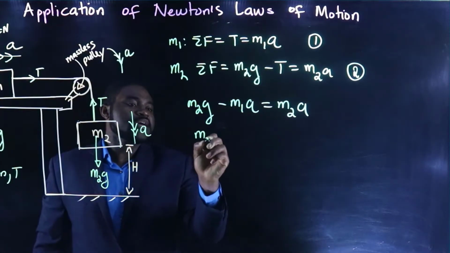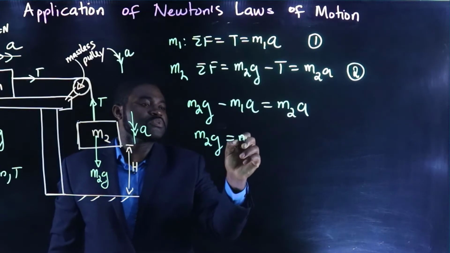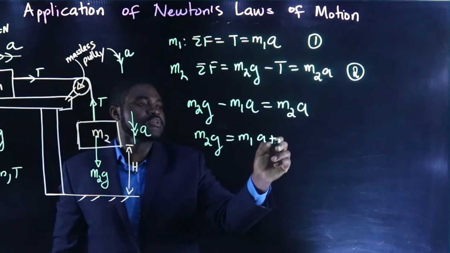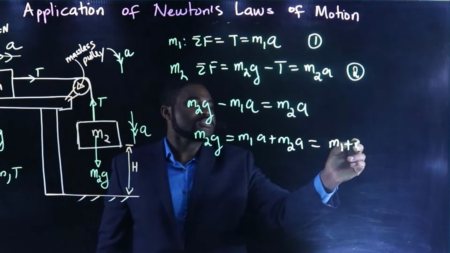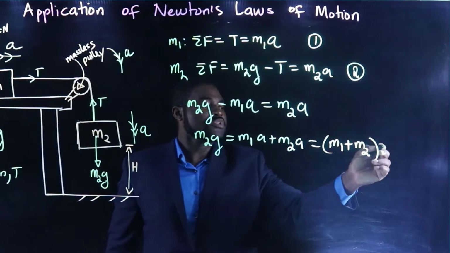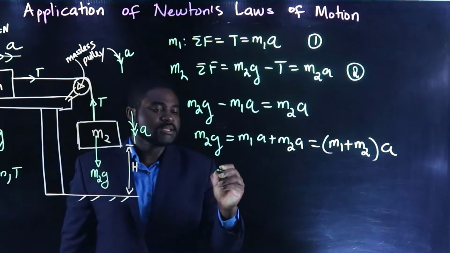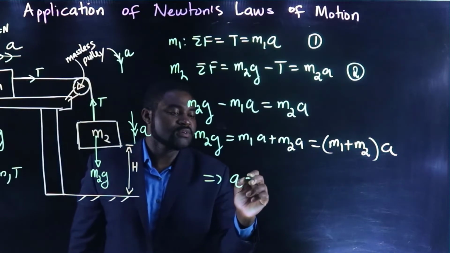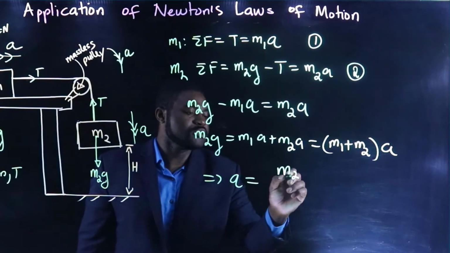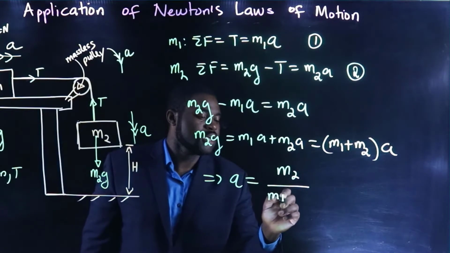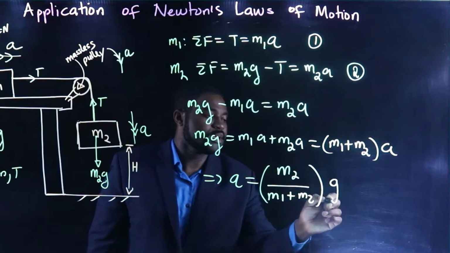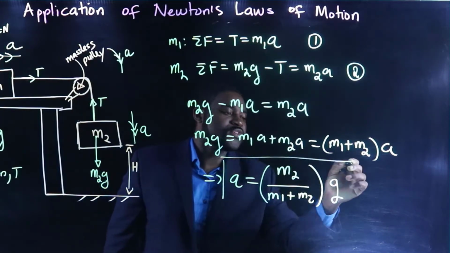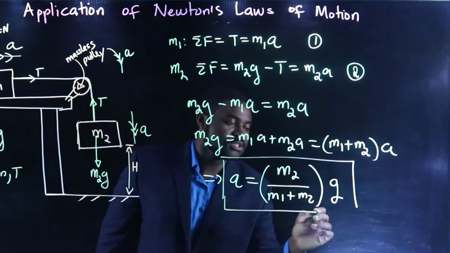So this will be M2G equal to M1A plus M2A, which is M1 plus M2 multiplied by A. This means that the acceleration A is just M2 divided by M1 plus M2 all multiplied by G. This gives us the acceleration of the system.